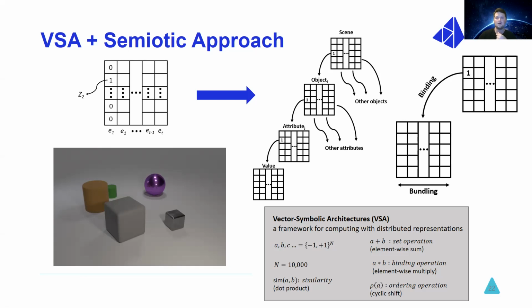And then we can apply the binding operation that helps us to build this hierarchical structure. So we will use binding to move from one level of hierarchy to another, and we will use bundling to compress our matrix into one vector. And in our particular case, we used polar vectors, with the dot product as a similarity metric. So this is the high-level idea of what we want to do.